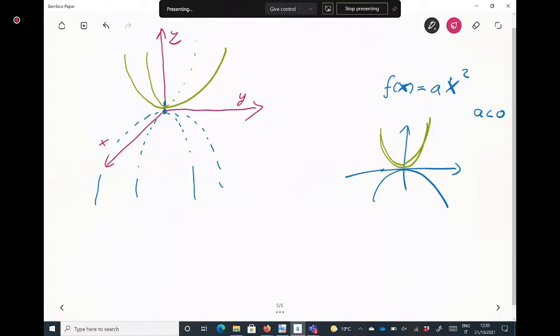And also, if it is negative definite, 0 is a maximum point for this surface, okay? It's the point in the domain where the surface reaches the maximum level as measured on the vertical axis, okay? These are the main points about quadratic forms.